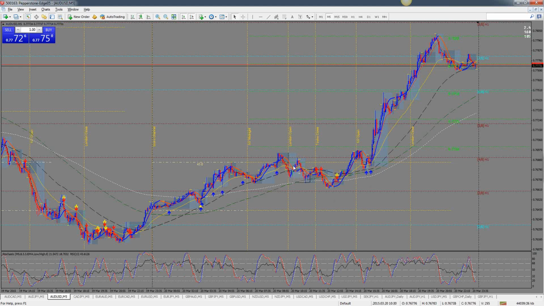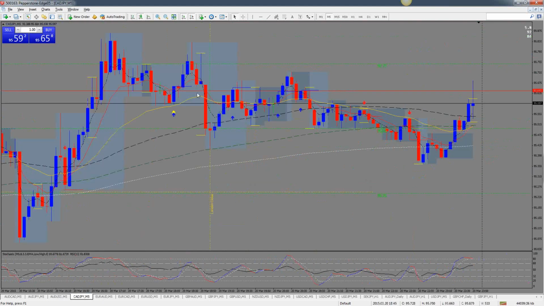All right, so if anybody wants to pick a pair, anybody? Tan, you want to pick a pair? Don't look at one, just call one out. Using JPY.